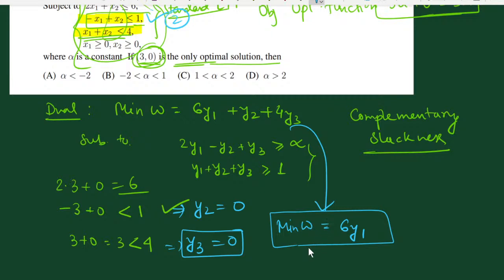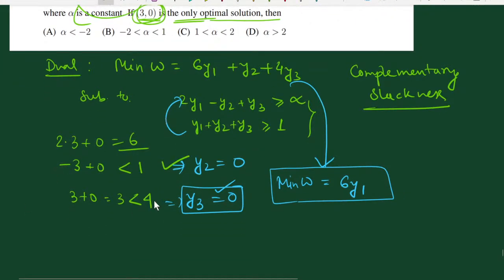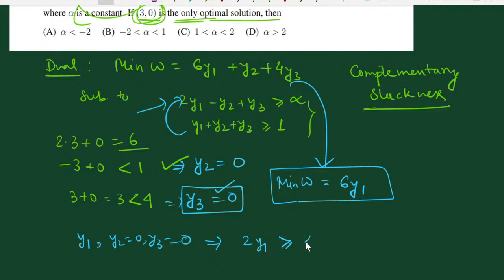Now we put the values of y2 equal to 0 and y3 equal to 0 into the dual constraints, though we don't know the value of y1. From the first constraint we get 2y1 is greater or equal to alpha.